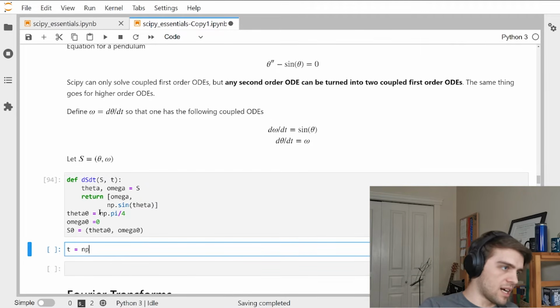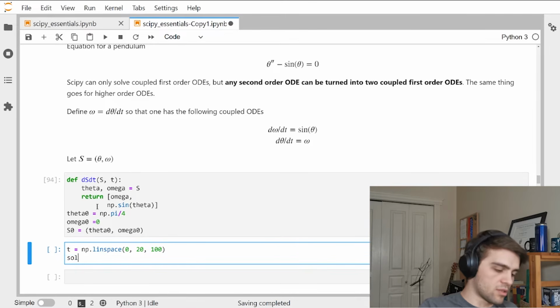So I get my times, np.linspace. I'll solve it for 0 to 20, 100 values. My solution is equal to odeint. I give it my dS/dt here, my initial condition s naught and my time t.